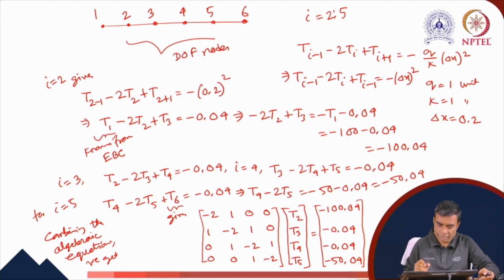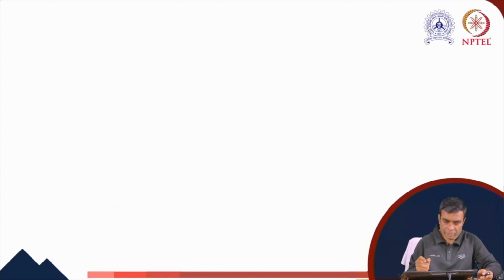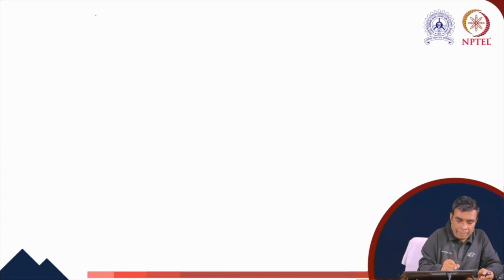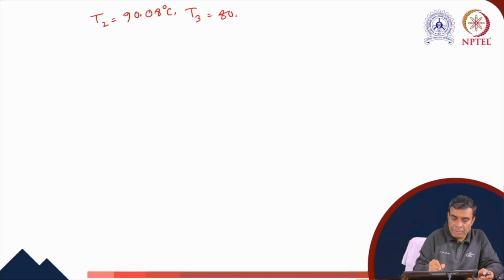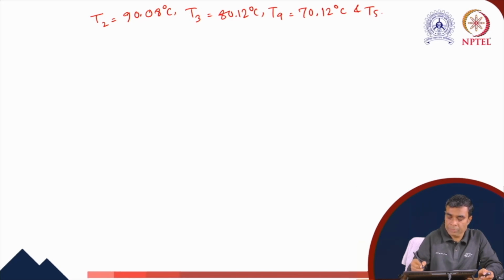Here we already know the solution. The temperatures obtained from here are T2 equals 90.08 degrees centigrade, T3 equals 80.12 degrees centigrade, T4 equals 70.12 degrees centigrade, and finally T5 equals 60.08 degrees centigrade.